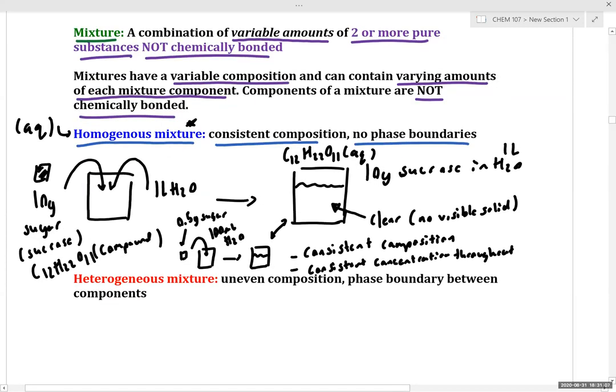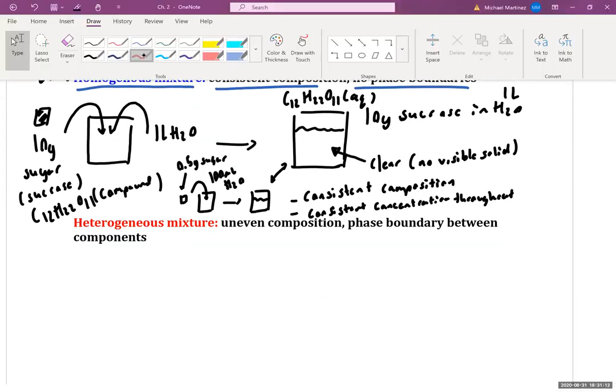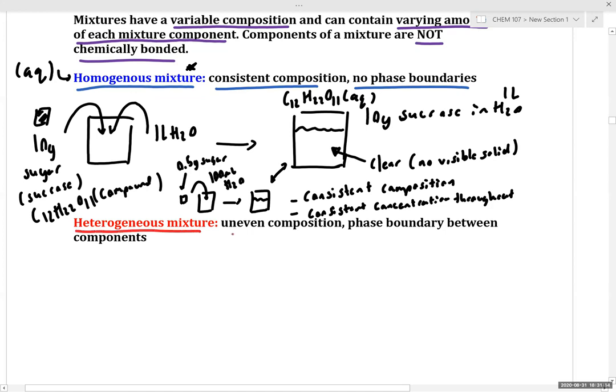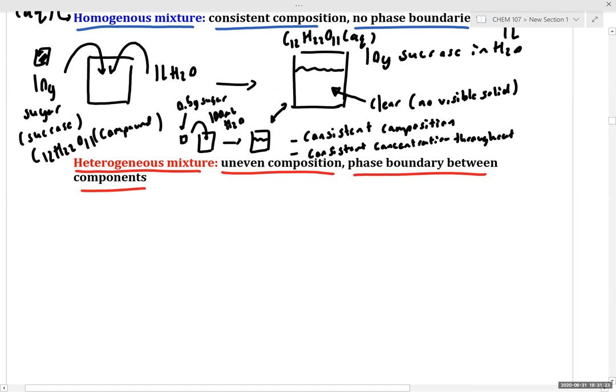Let's look at a heterogeneous mixture. Heterogeneous mixtures, in the opposite case, have an uneven composition, and there's a phase boundary between components. An example of a heterogeneous mixture would be oil and water. A classic example of an oil-like substance would be hexanes, which would be C6H14.